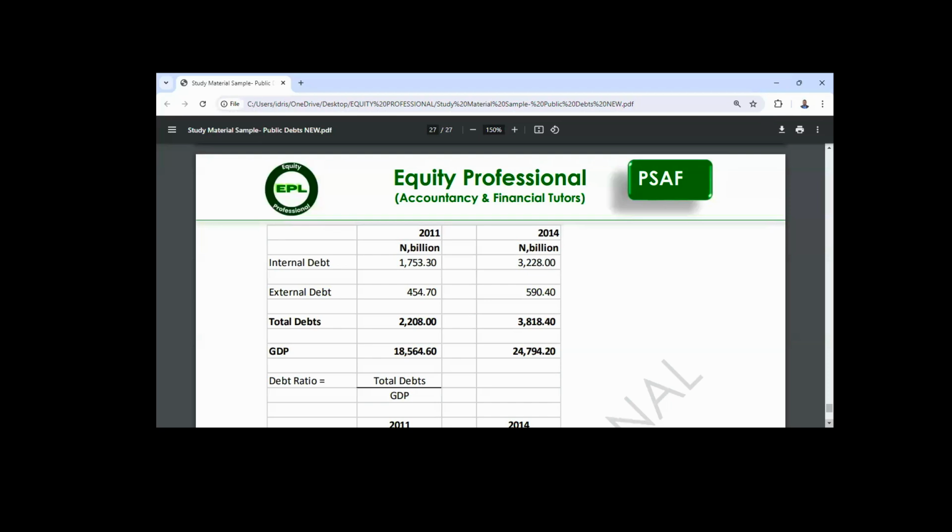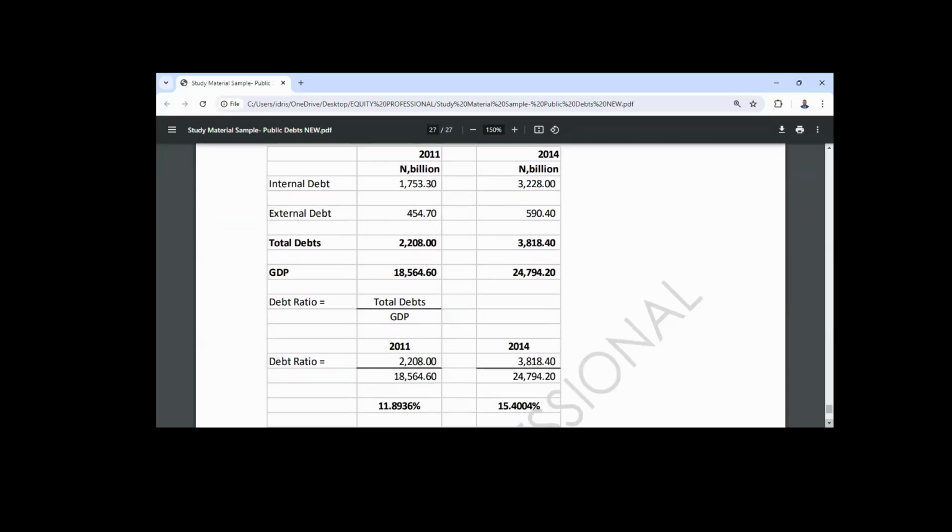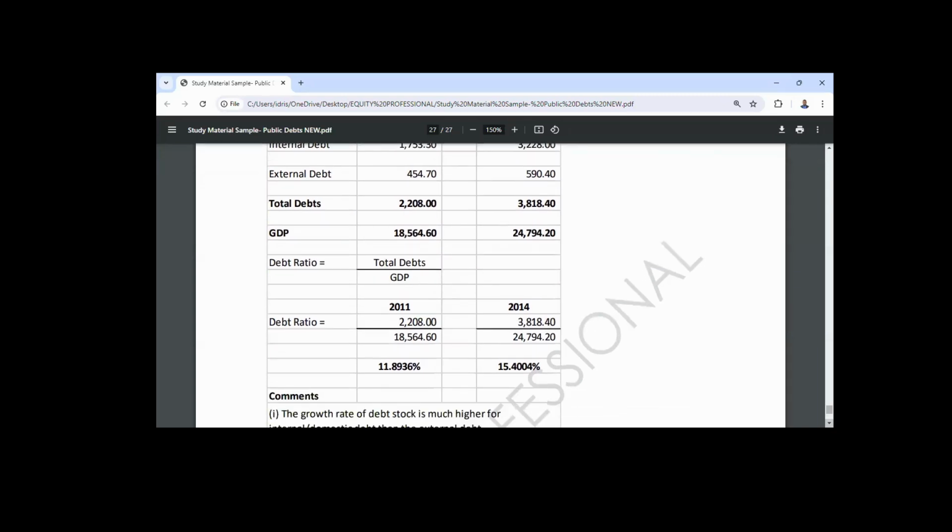So once we have that, we can now compute our debt ratio. How do we get our debt ratio? Our debt ratio is our total debt all over GDP.